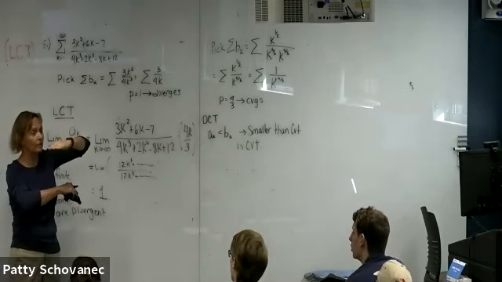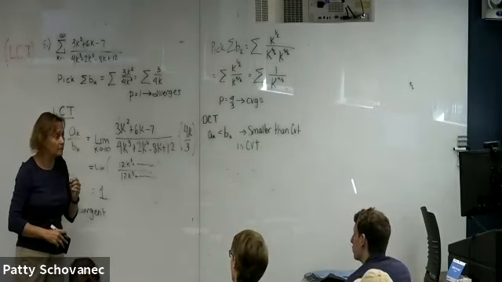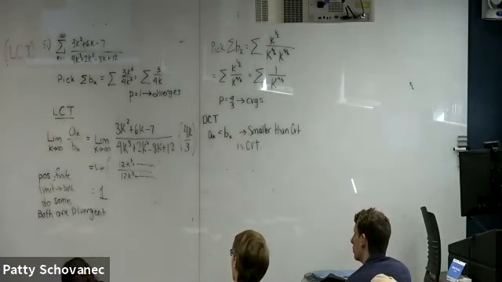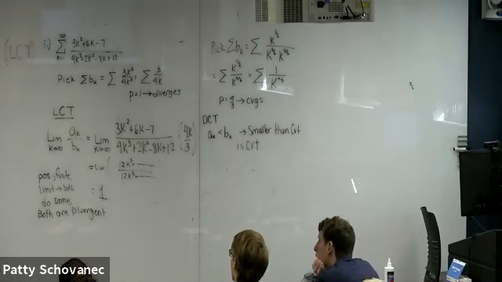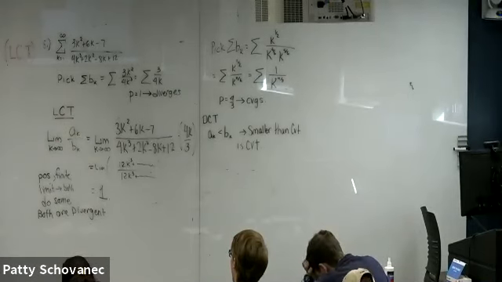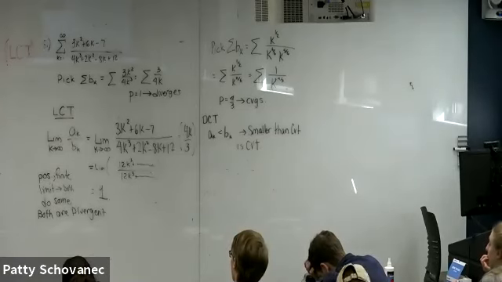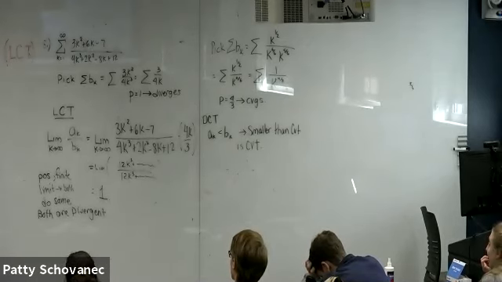So less over more makes it less, right? So it's smaller than divergent. It's not in the right size. So I'm going to do the limit comparison test. So we take the limit as k goes to infinity of the given series over the one we just built.